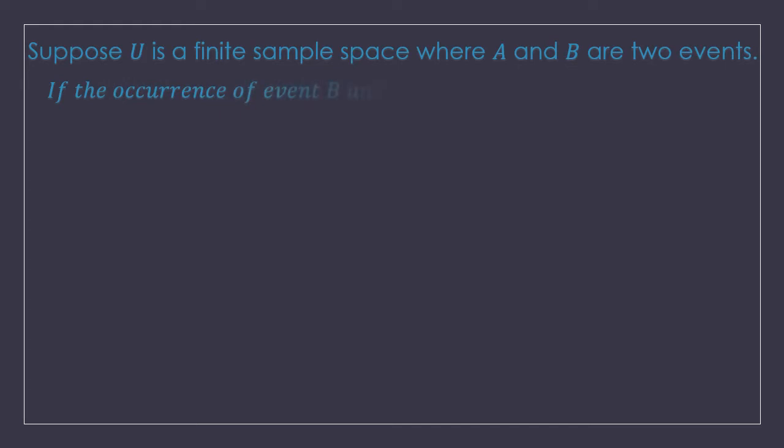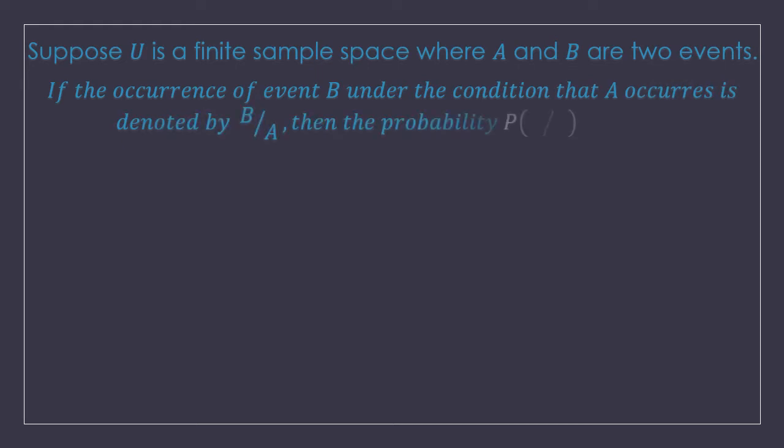Suppose U is a finite sample space where A and B are two events. If the occurrence of event B under the condition that A has already occurred is denoted by B slash A, we call it B given A, then the probability of B given A is called conditional probability.